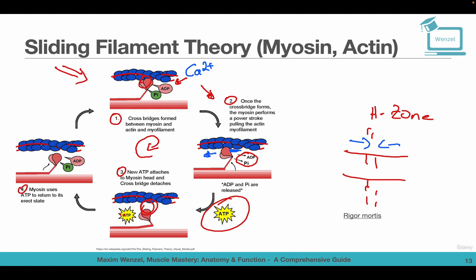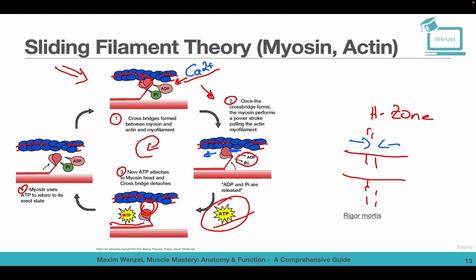So in summary, the actin-myosin sliding filament theory, which you saw here, involves a coordinated interplay between calcium and ATP, as you see, calcium and different ATPs.